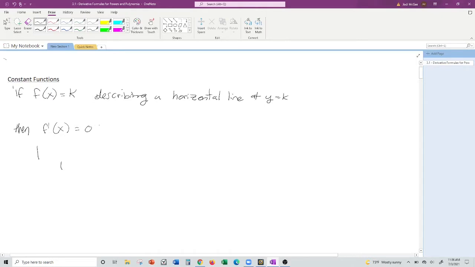So in this case, our derivative is always going to be 0.